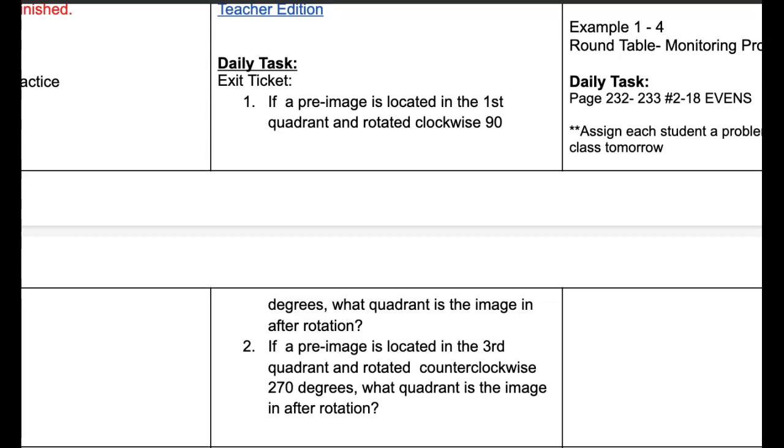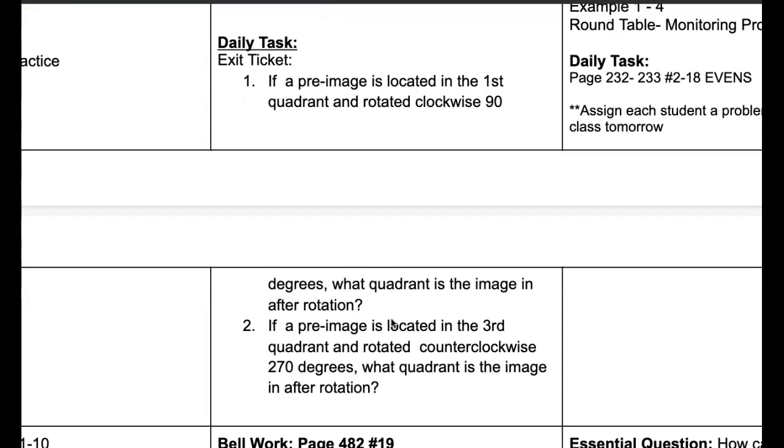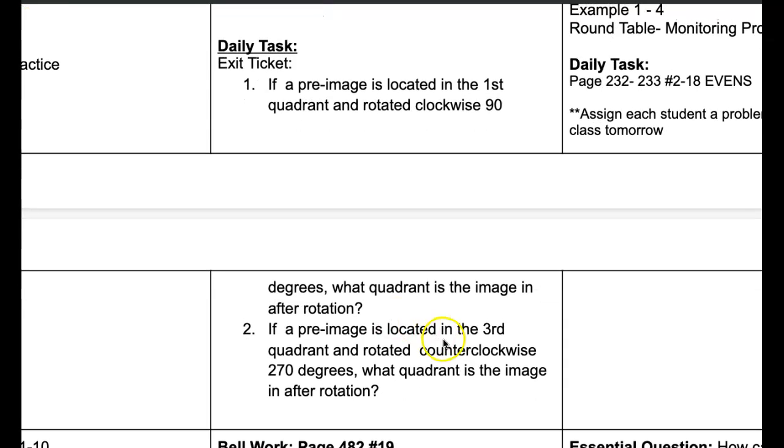All right, so your exit ticket's up here. If the pre-image is located in the first quadrant and rotated clockwise 90 degrees, what quadrant is the image in after rotation? Number 2, if a pre-image is located in the third quadrant and rotated counterclockwise 270 degrees, what quadrant is the image in after rotation? I'm going to add another one.